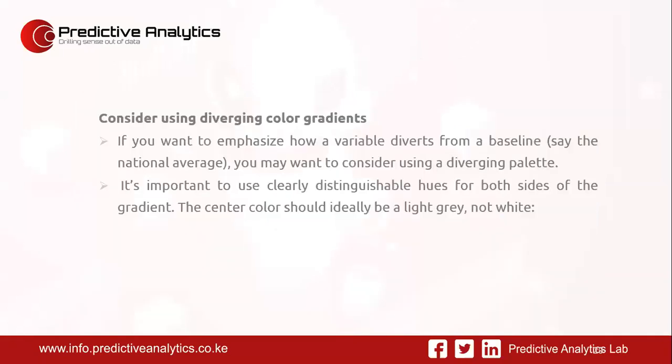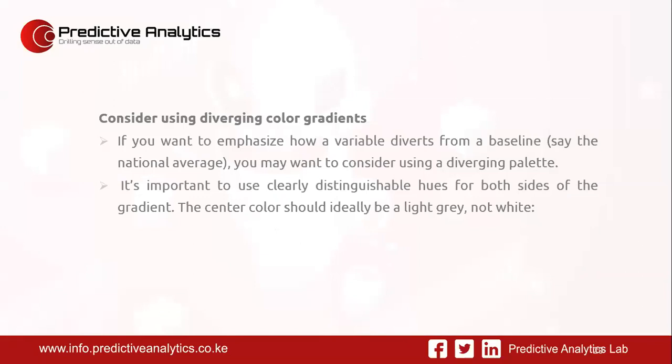The other point is consider using diverging color gradients. If you want to emphasize how a variable diverts from a baseline, I'm sure by now you know what a variable is from the previous classes, especially with the practicals with Python.